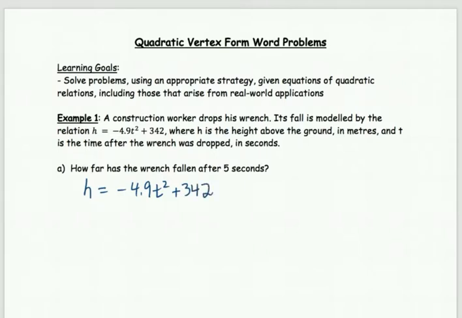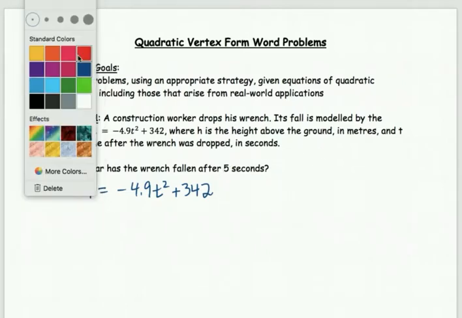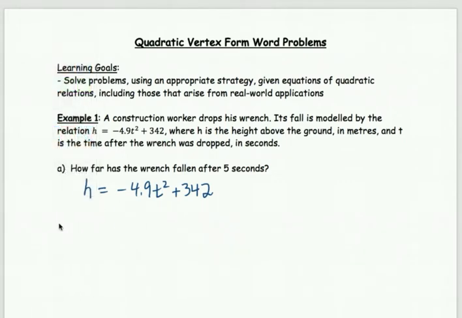So they want us to figure out at 5 seconds how far did the wrench fall. So you can think of it as, at a time of 5 seconds, they want us to tell them what height the wrench got to.